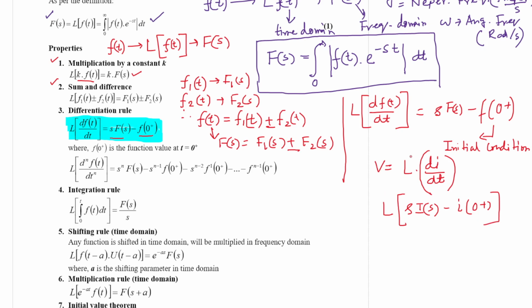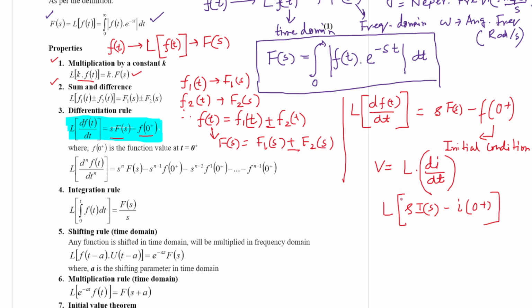Since this equation is already described previously, I am directly giving you an example of the application of this differentiation rule on network analysis circuit. So we have V is equal to L di/dt, that is the voltage drop across the inductor.